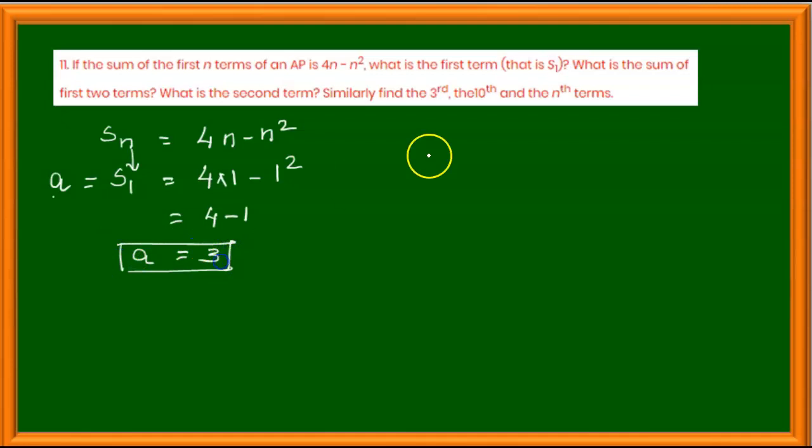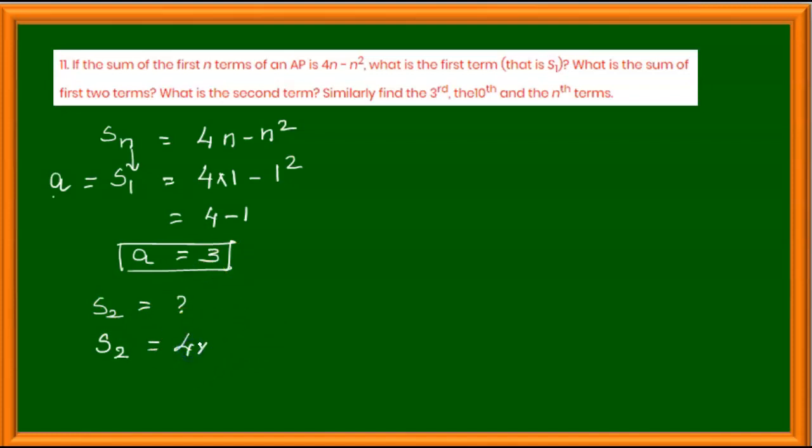The first term we got. What is the sum of first two terms? That means S2. How will you get it? A plus d is not given, but Sn is given. So in the Sn formula, if we substitute n as 2, you will get the sum of first two terms, not the second term.